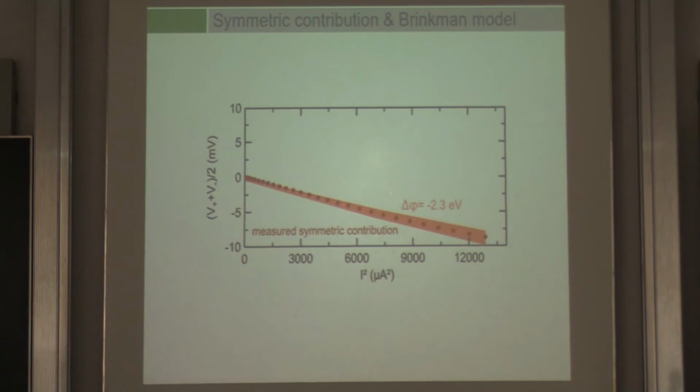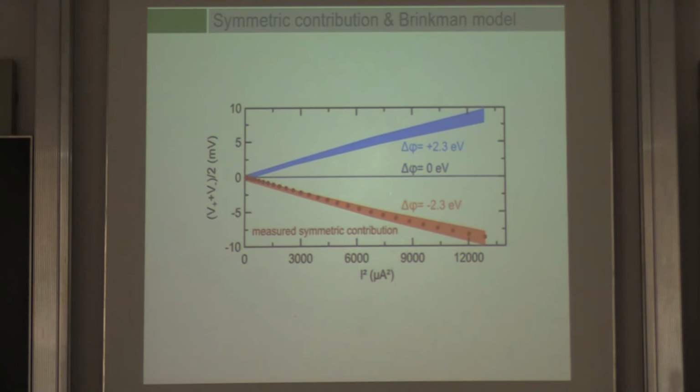So we went ahead and used the Brinkmann model again in the case of the MAO MTJ. As you can see, this red area is the Brinkmann model with the typical error of 10%, and you can describe your symmetric contribution very well with the Brinkmann model. You can simulate that, for example, for a barrier asymmetry of 0 eV or plus or the other way around. And you can see that your symmetric contribution is solely influenced by the barrier asymmetry given from the Brinkmann model.